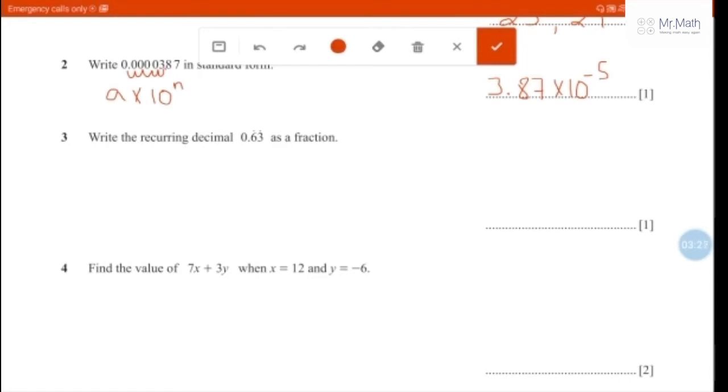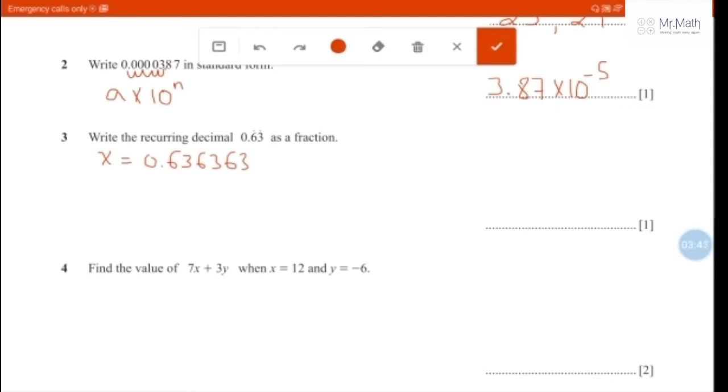So first, I'm going to assume that x is equal to 0.636363. So this is my recurring decimal number.